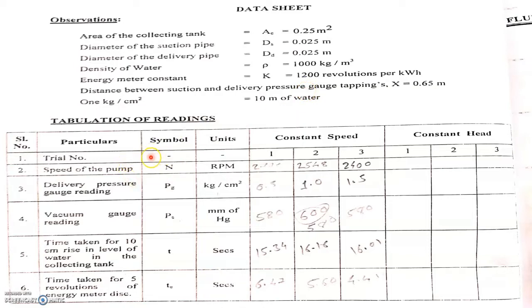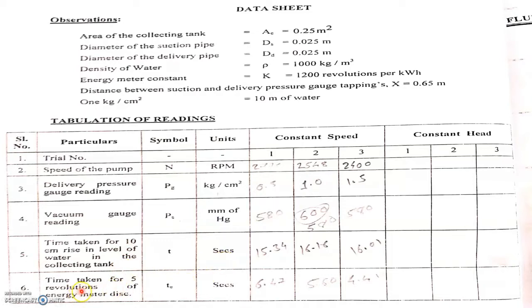There we need to put this data in the tabular column itself. We need to note down the speed of the pump in terms of RPM, delivery pressure gauge readings and vacuum pressure gauge readings. That has to be noted down here. We need to take the reading of the 10 centimeter rise of water level in the collection tank in terms of seconds.